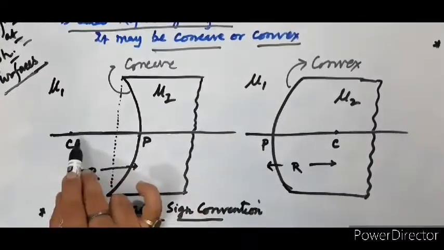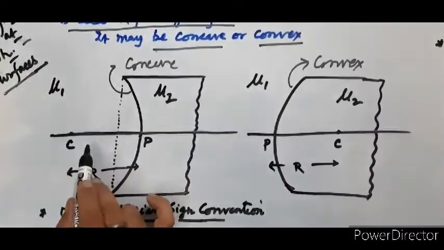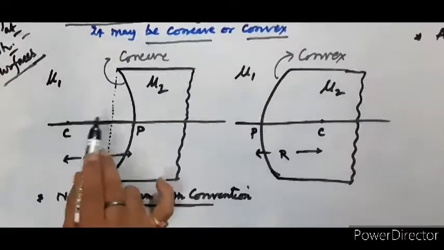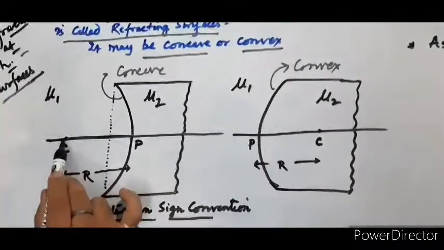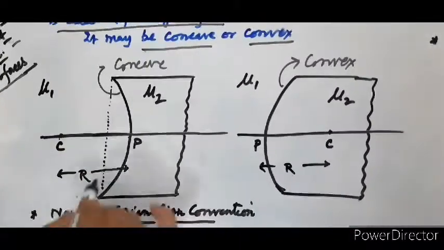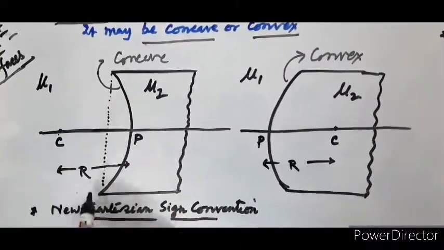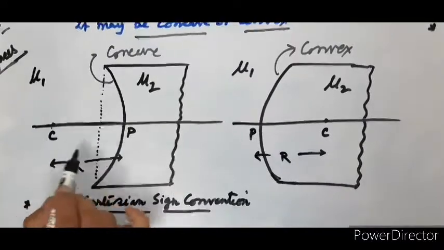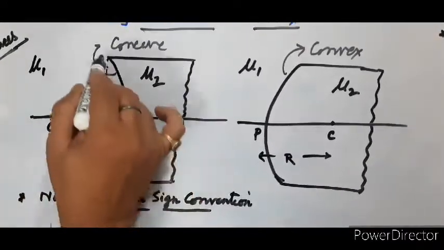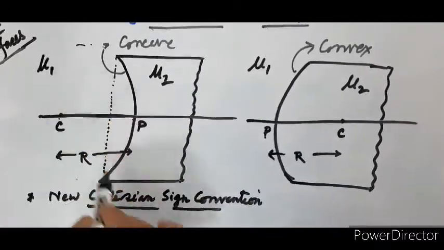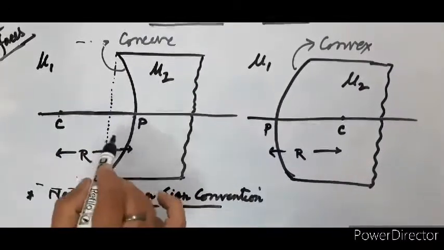See, the center of curvature is the center of the sphere of which the curved refracting surface is a part. Now the radius of curvature is the radius of that sphere. This is a part of the sphere, just like a sphere.